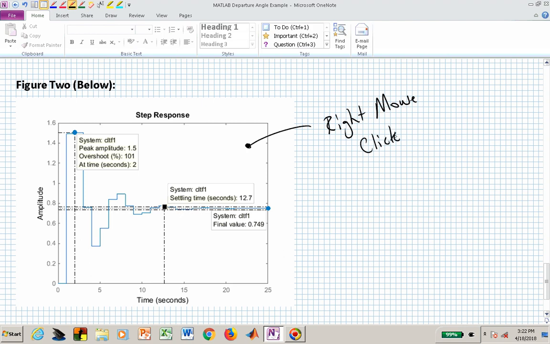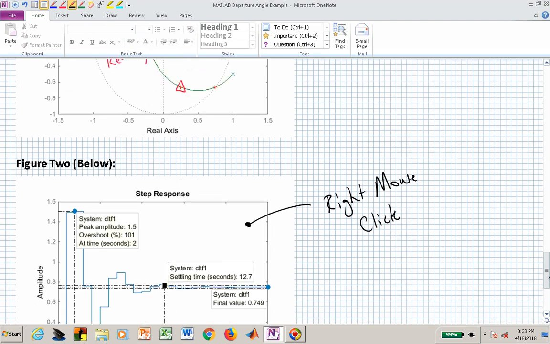And I just said, let's look at the peak behavior, let's look at the settling time, and let's look at the steady state, and that's now what resulted. We have 100% overshoot, a settling time of 13 samples, and a final value of 0.75.